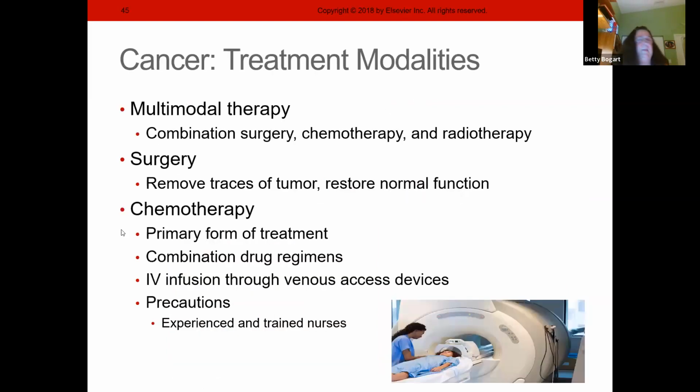So, children with cancer. Cancer is something that we treat in many different ways. We can do combinations or just one type. Leukemia is just all chemotherapy. Sometimes we have masses and tumors, so it's surgery, chemo, radiation to shrink it and then to remove it by surgery. As I said, all different things that we use.